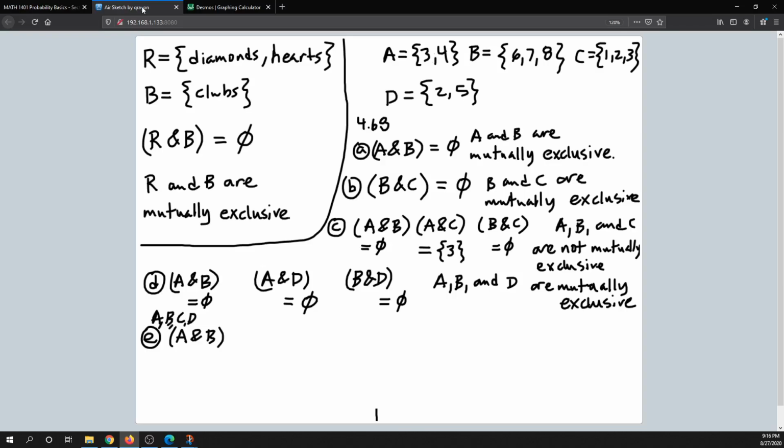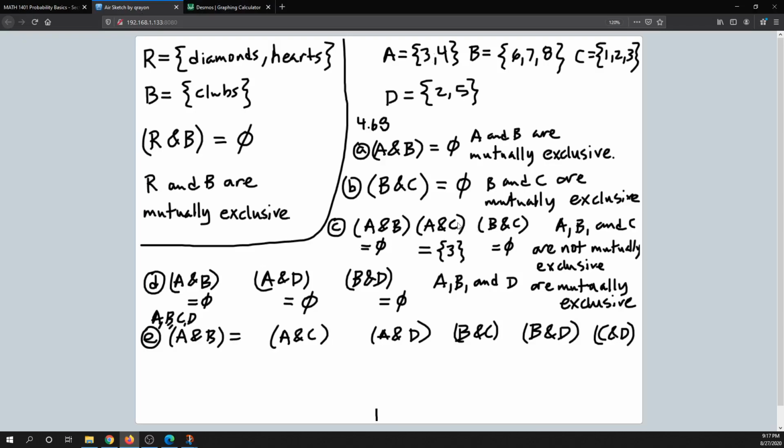So technically, we would have to check A and B, A and C, A and D, then B and C, B and D, and C and D. We would have to check all those, but there's really no point in doing that.